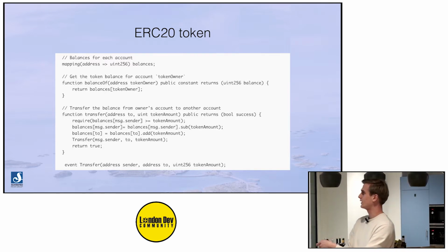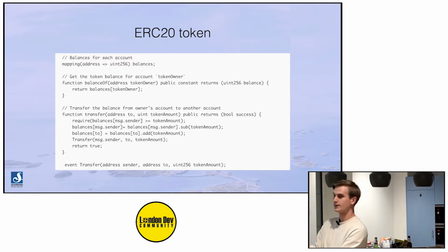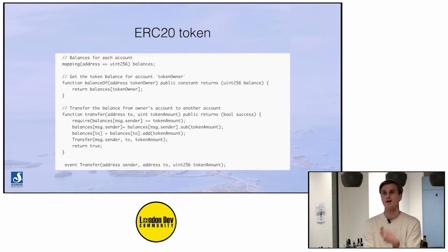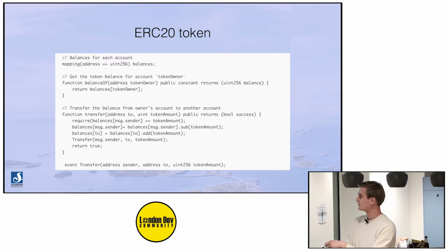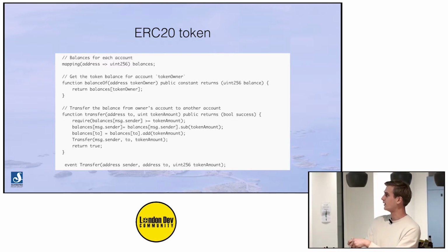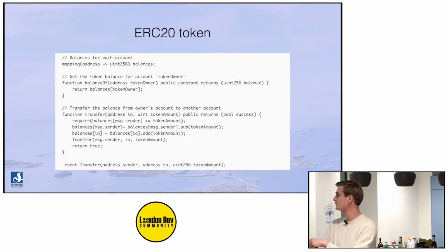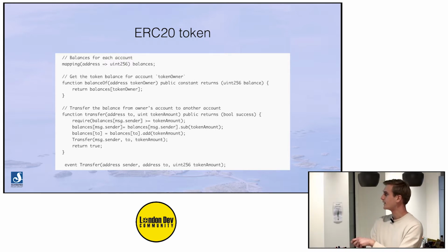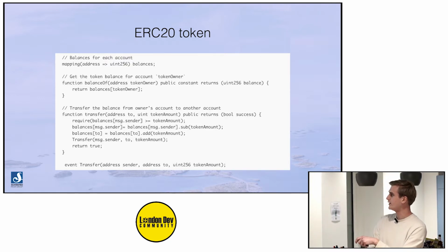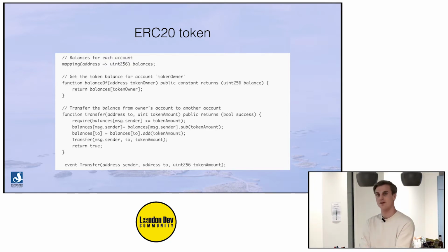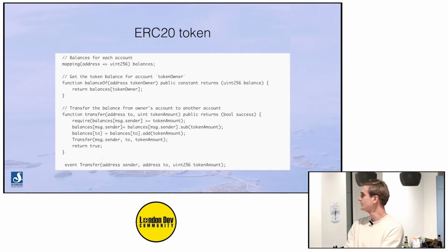Then you can create a function where you let people transfer this token. You say you want to send to some address an amount of tokens, which is just an integer, and you require that the balance of the sender is bigger than the amount you want to send.